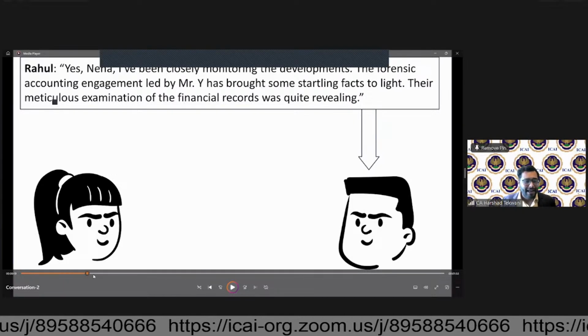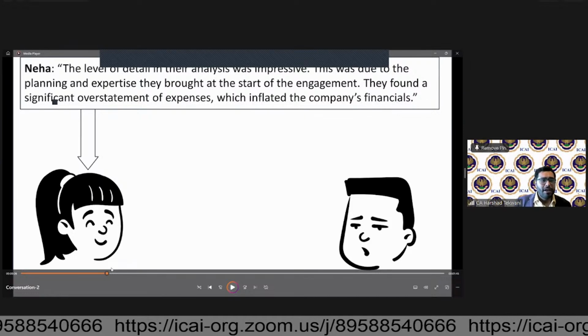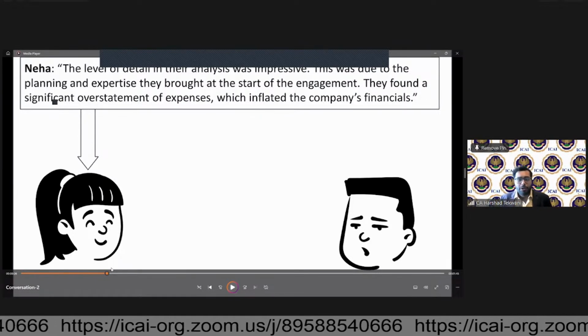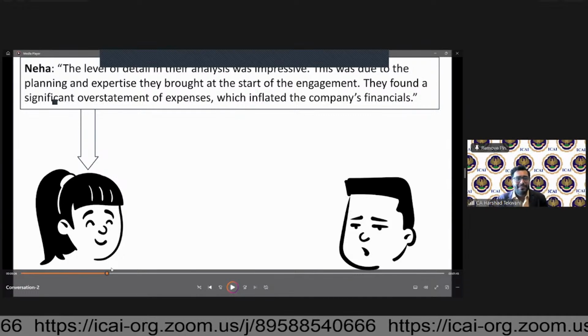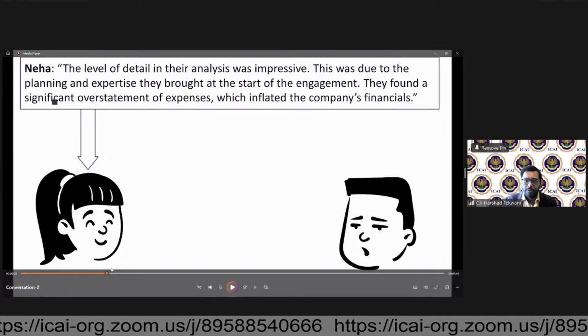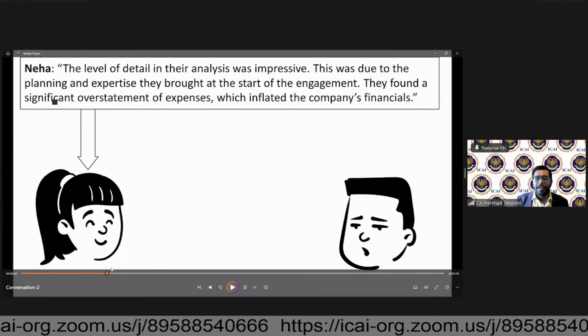Then if you see the second step, over here they are trying to plan the whole engagement. They were discussing that the level of detail in their analysis was impressive. This was due to the planning and expertise they brought at the start of the engagement.